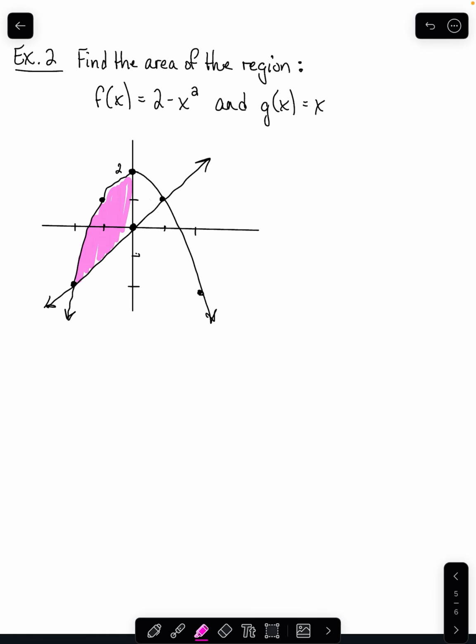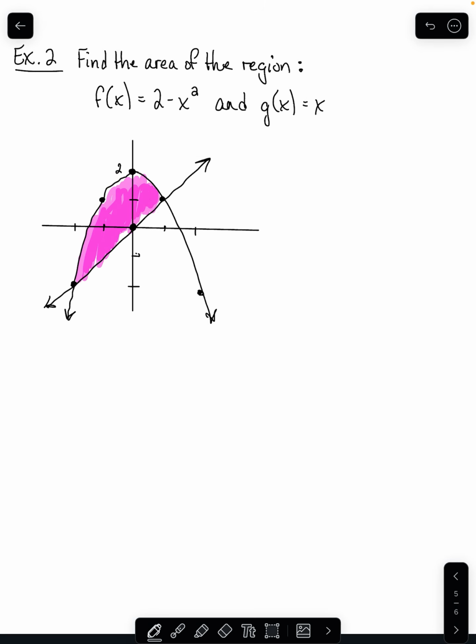Now, we are told that it is an enclosed region. And again, unless we wish to get into improper integrals, our regions will always be fully enclosed. So this is the only region that is completely enclosed by those two graphs. We're not given any other information to enclose a region, so that is what we're looking at.